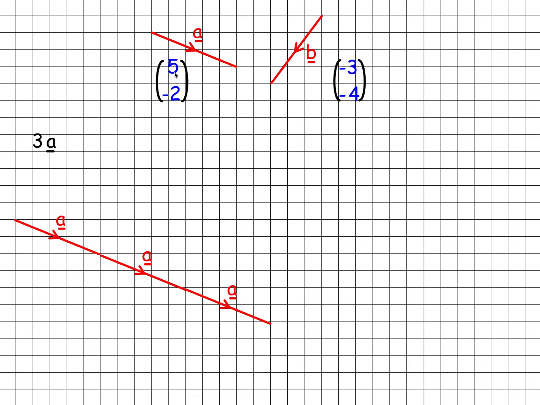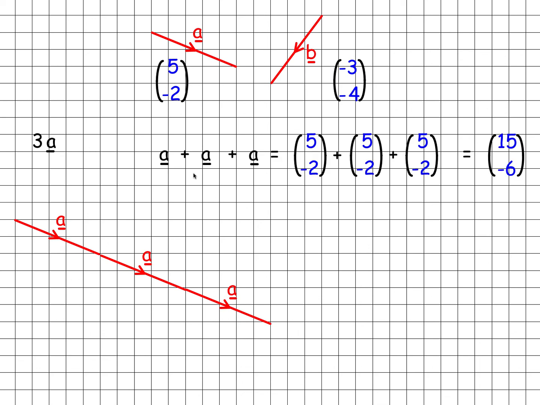So that's 15 to the right and 6 down. In other words, you just multiply the components. So there's a added together 3 times, which is the same as 3a. You simply end up with 3 5s and 3 -2s. In short, you just multiply the components. So 3 times a, 3 times the components. 3 5s, 3 times -2.